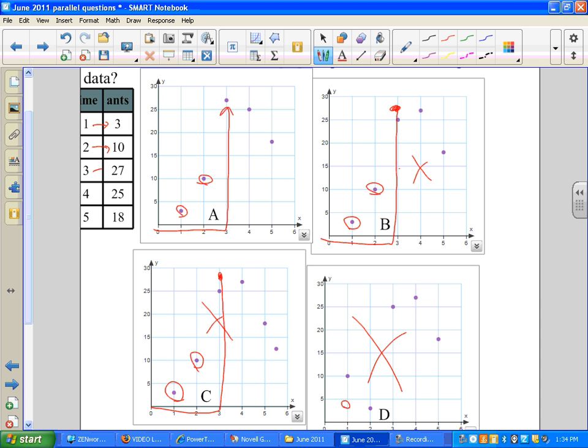Let's just check the other points just to make sure. (5, 18). Yes. So all of the points are there.